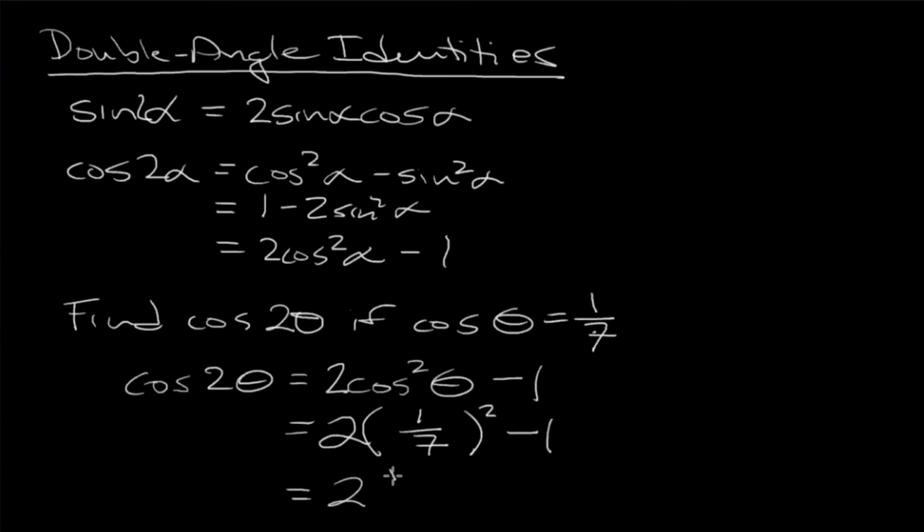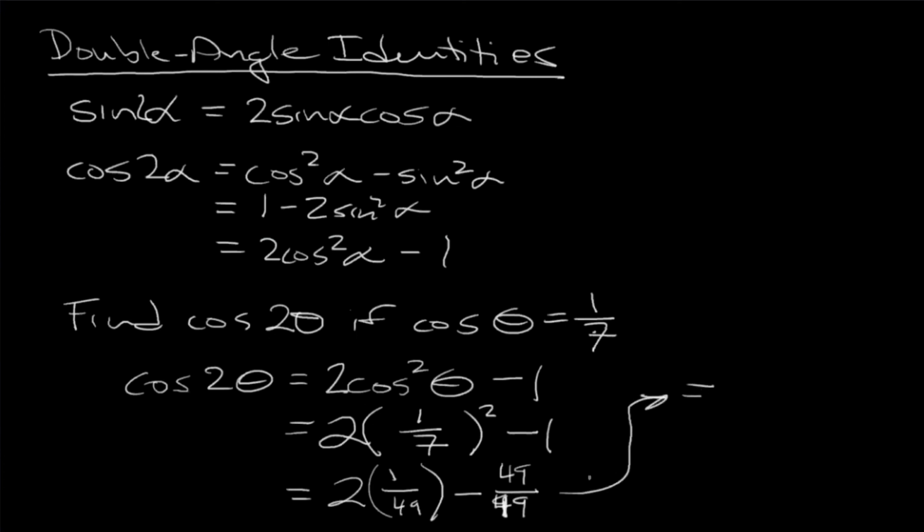And so then I can calculate this out. 1 squared is 1. 7 squared is 49. I see that I have a denominator of 49, so I'm instantly going to write this minus 1 as 49 over 49. Okay.